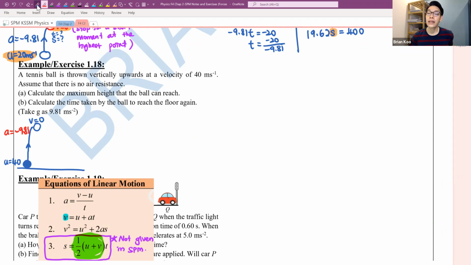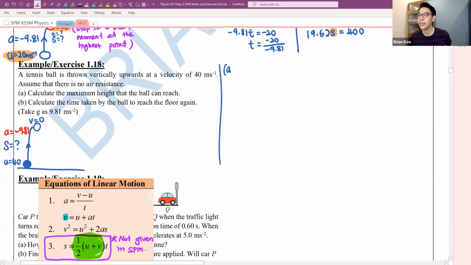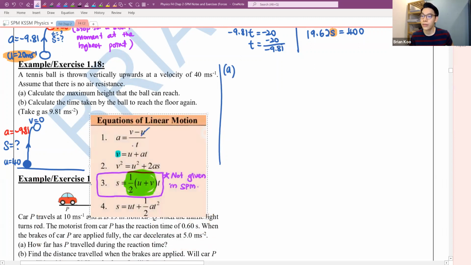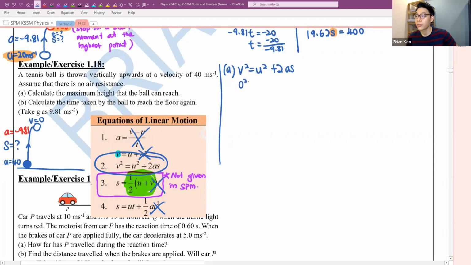And then part A asks us to find out what is the height. That means what is the distance that this ball has traveled so far. That is S. We have V, A, S, U. We don't want the T. So look at this list of equations, the one without T. Again, V is 0.